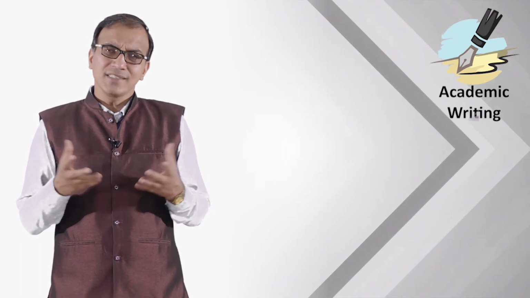Now moving to the ResearchGate score, RG score. ResearchGate is a kind of scientific social media, you can say. ResearchGate has become very popular. What is ResearchGate? If you are a researcher, you might be using this with good frequency.